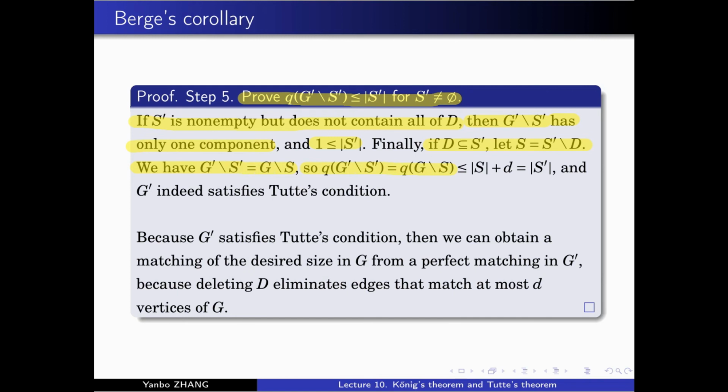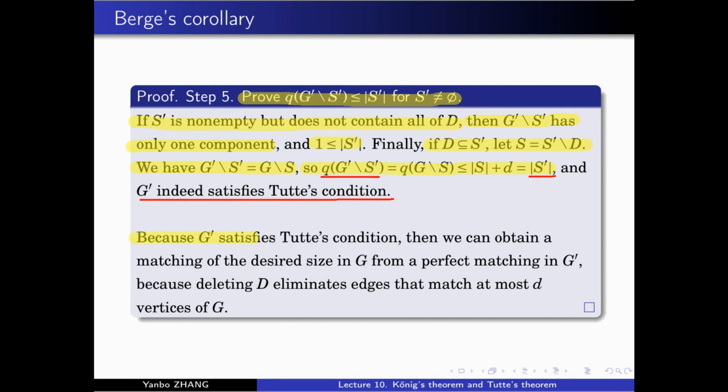Q(G − S) is less than or equal to the size of S plus D, which equals the size of S prime. So from here we see that G prime satisfies Tutte's condition.